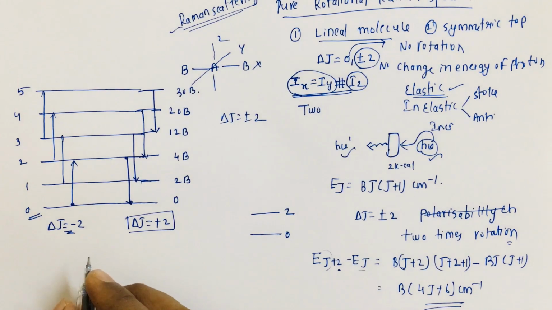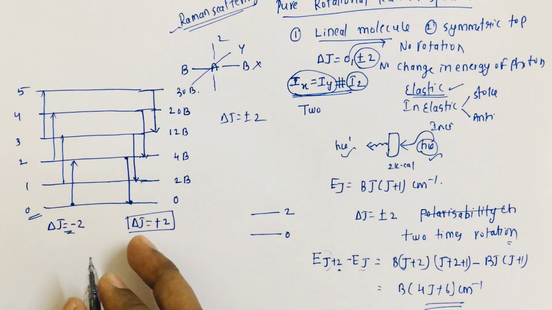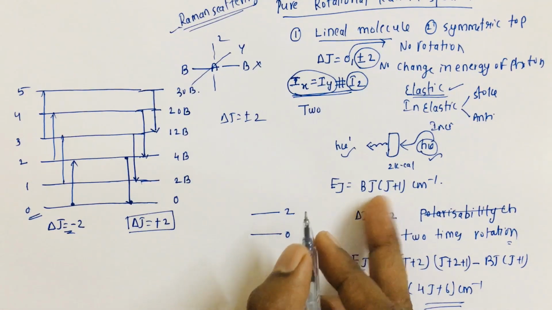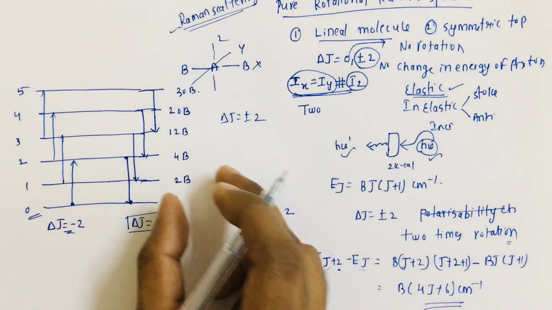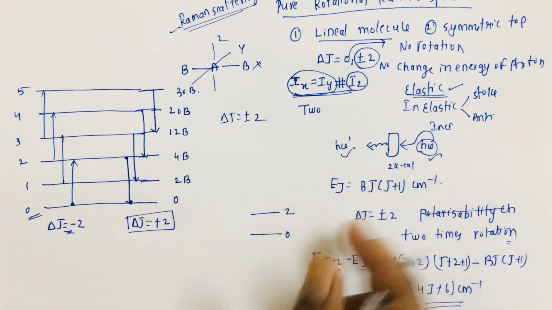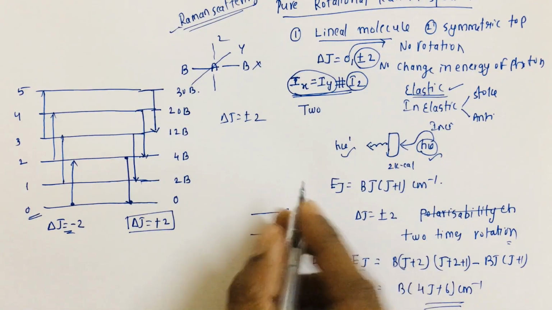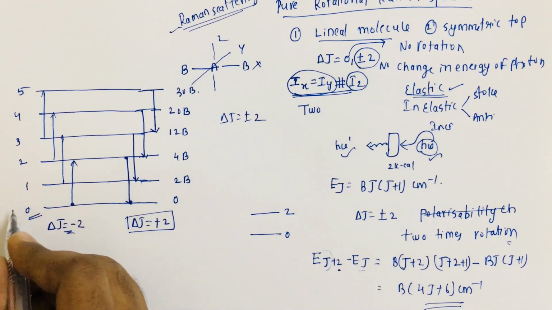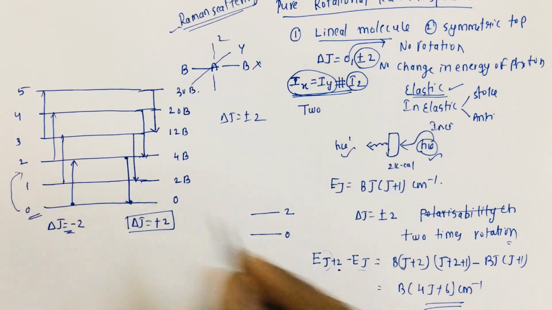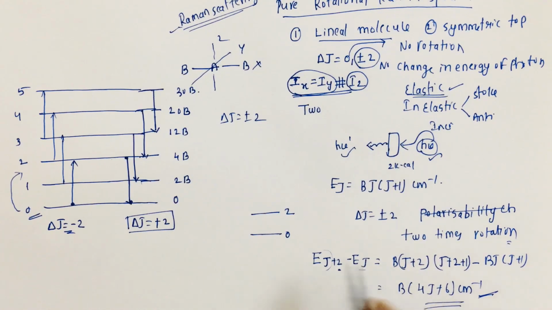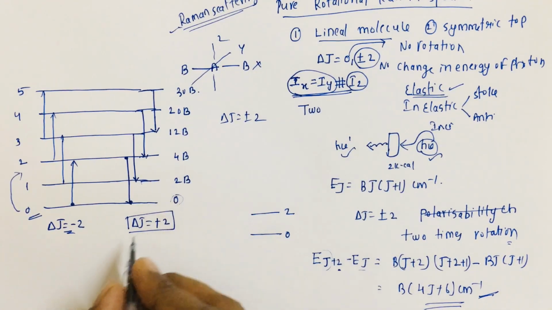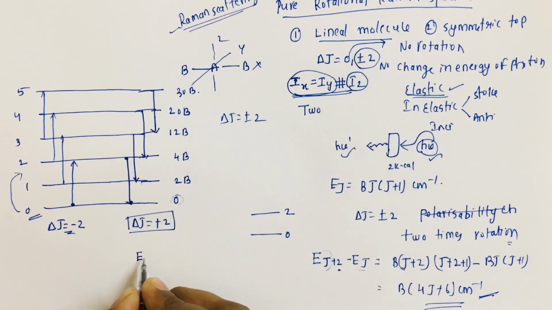So now how can you calculate these things? The principle we have here is that, to calculate energies, we need to use this principle. When you have the transition from here to here, that time you will be using this principle. But when you're calculating these, they are nothing but E0.